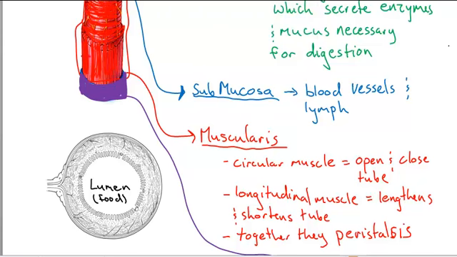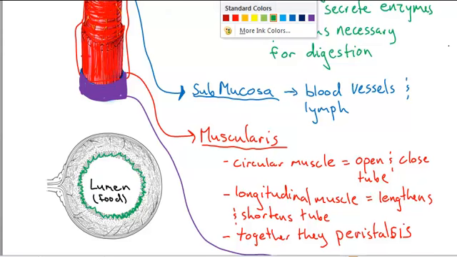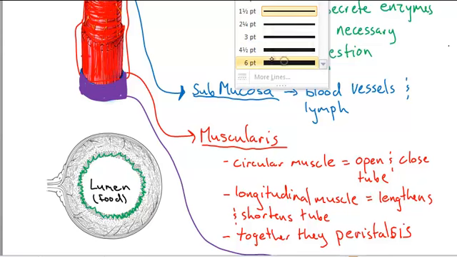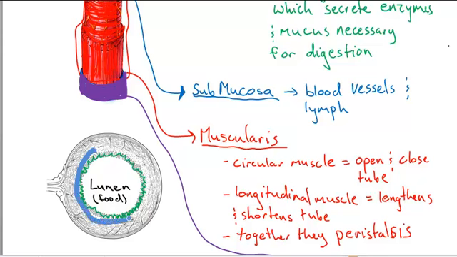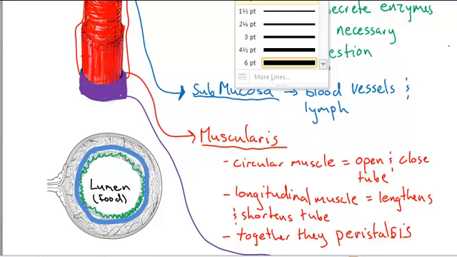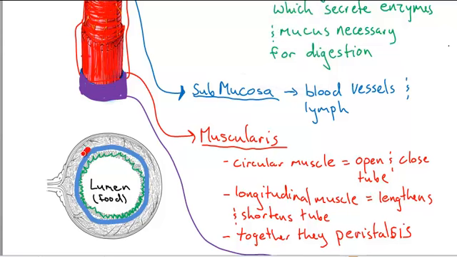Then we would have the serosa, sorry, not the serosa, the mucosa, my mistake there, the mucosa, and then we would have the submucosa, and then the muscularis with its circular layer, and then its longitudinal layer, so these are fibers running lengthwise.